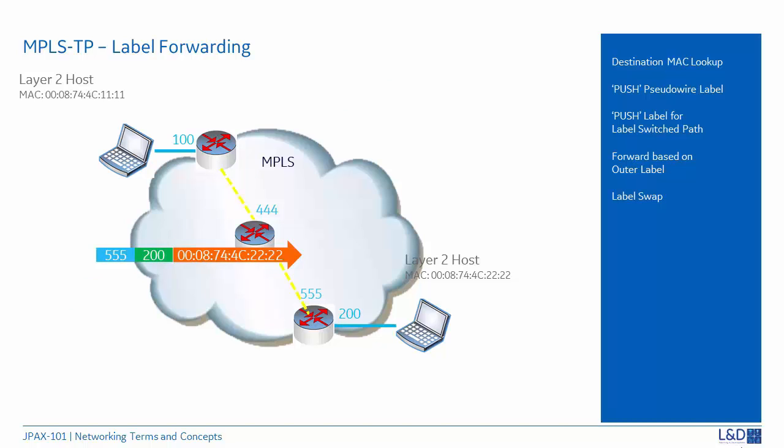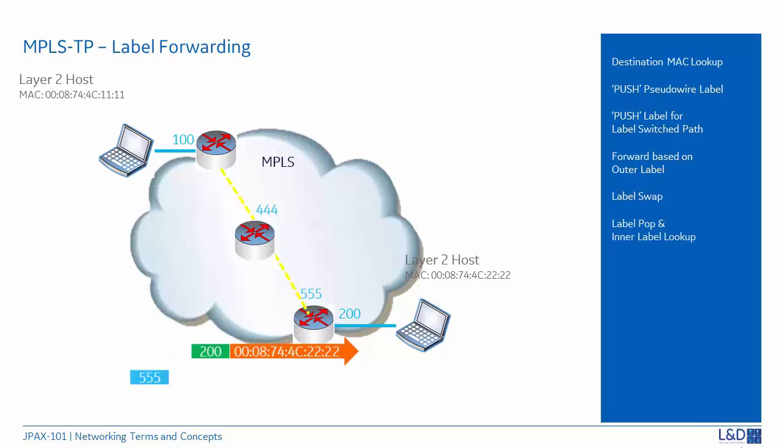Once the packet reaches the final router in the path, the label edge router, or LER, the LSP label is popped, and the next inner label, the pseudowire label, is inspected to determine which VPN this packet is for. Once determined, that label is popped, and the original service packet, which was encapsulated in the MPLS packet for transport, is forwarded to the VPN and its associated local access ports.